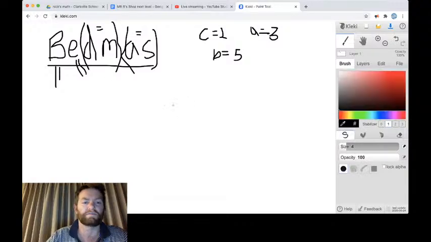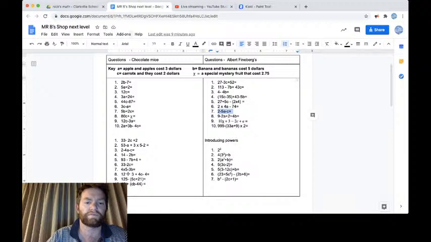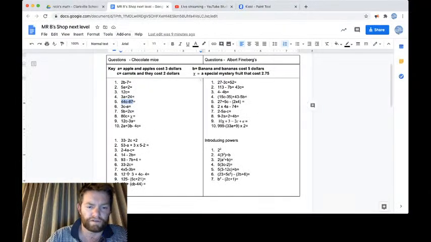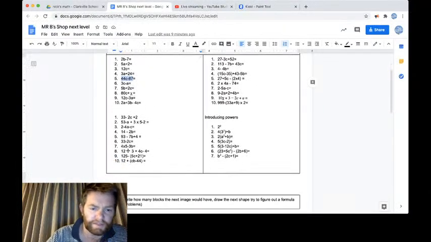I did choose something from the Feinberg side. I'll choose something from this side, the chocolate mice side. 44c minus 87, well, that goes in normal order. Actually, let's not choose that one.